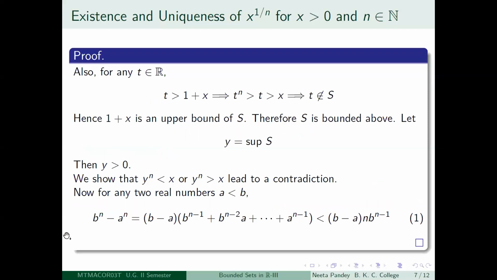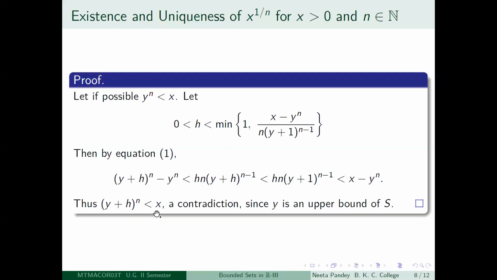Remember that it is b to the power n minus a to the power n is less than b minus a into n times b to the power n minus 1. So here your b is y plus h and a is y. So b minus a is just h. You get a n, and then b to the power n minus 1. Very nice.